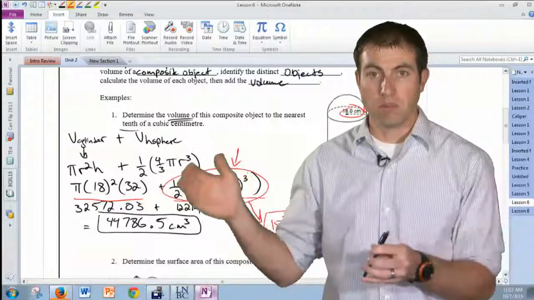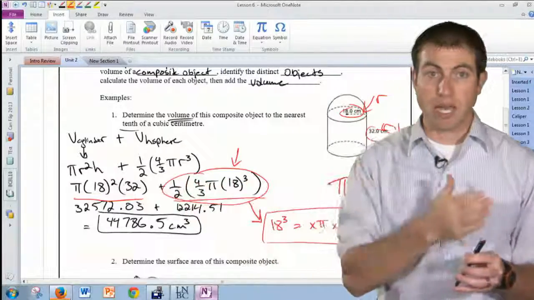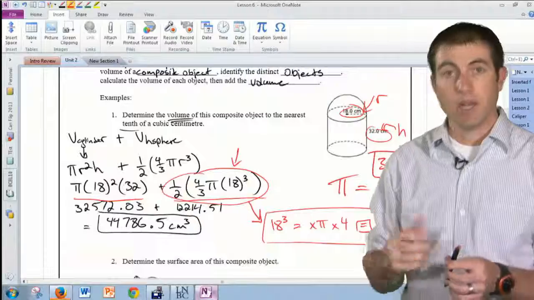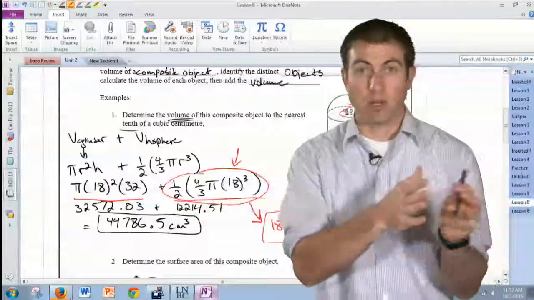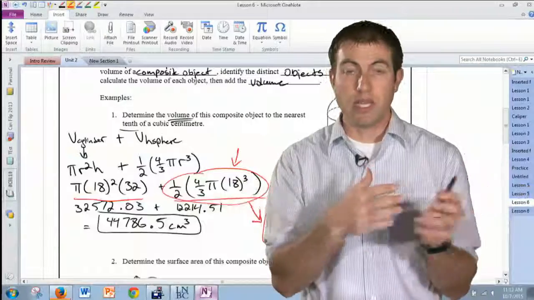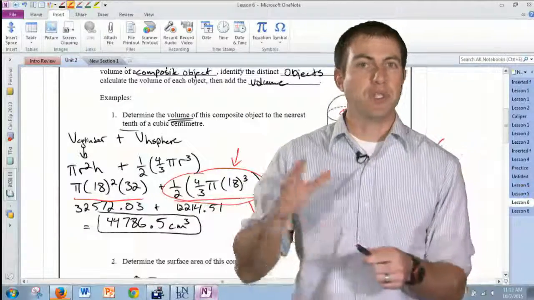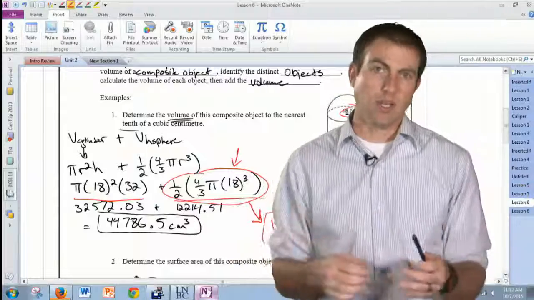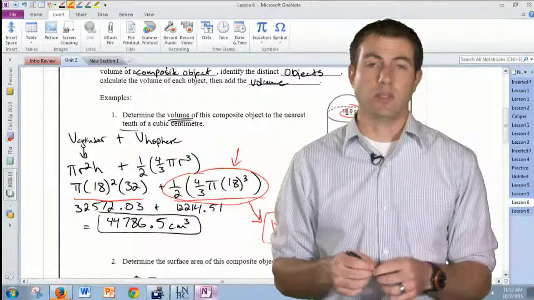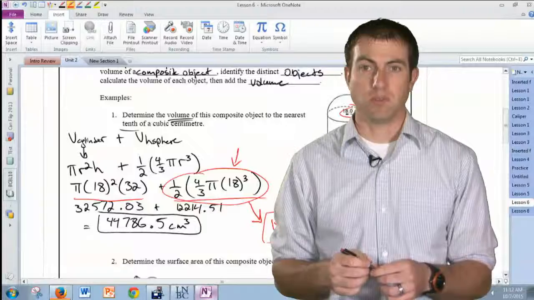If you start from the cubed and work your way back, like I did here, then that's great. If you want to start at the beginning and work forward, going left to right, then do that. But just be consistent, because if you start doing them different ways, you're going to get confused, and nobody wants to be confused.